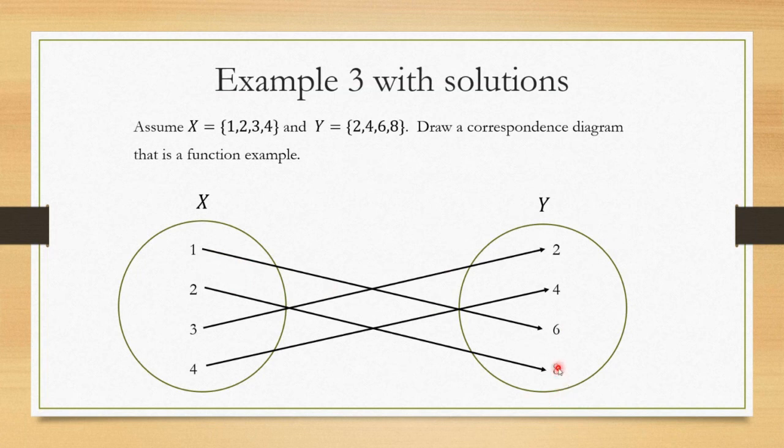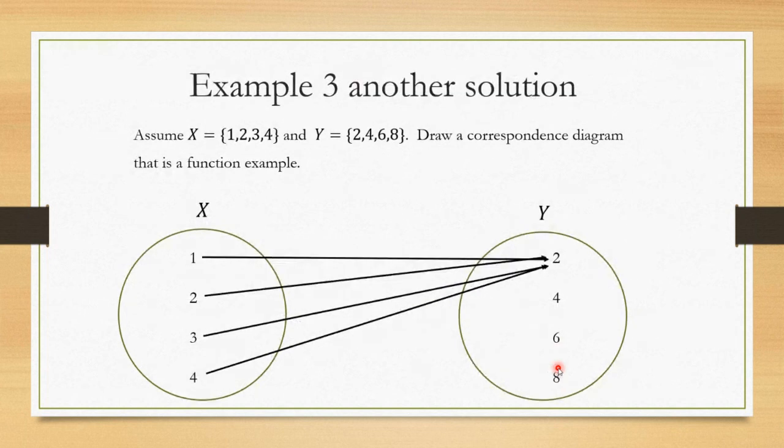Here's another one that might look tricky. Notice here, all the inputs are going to the same output, as you can see. All the inputs in this function are going to the same output.